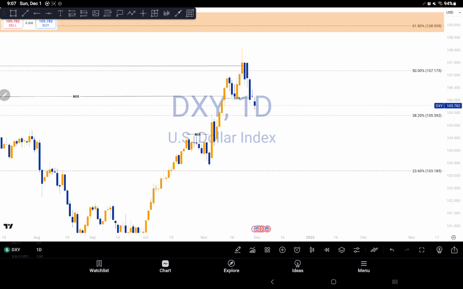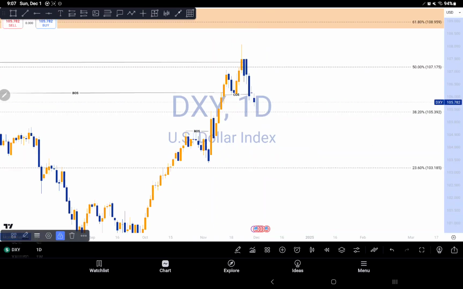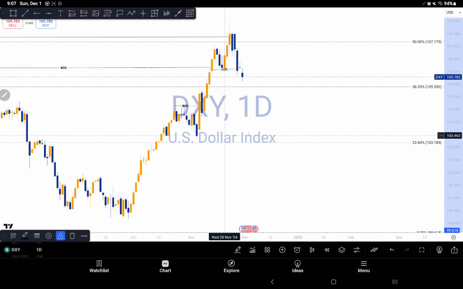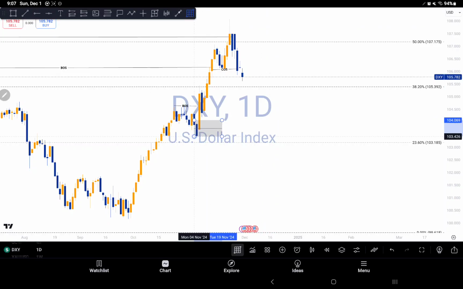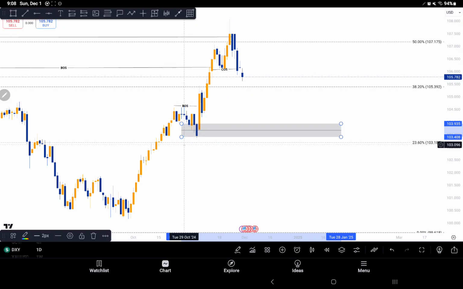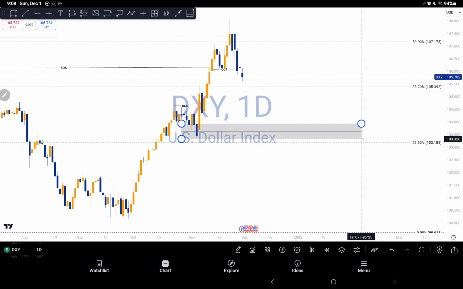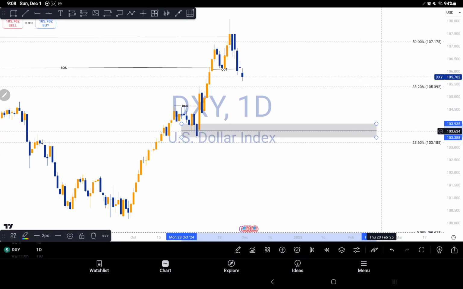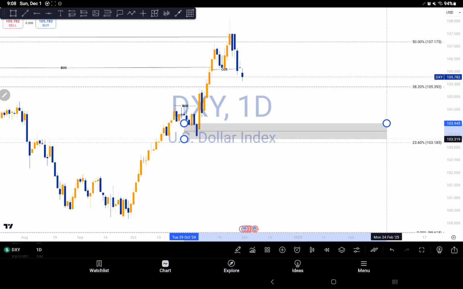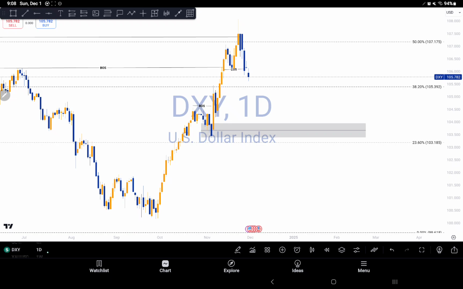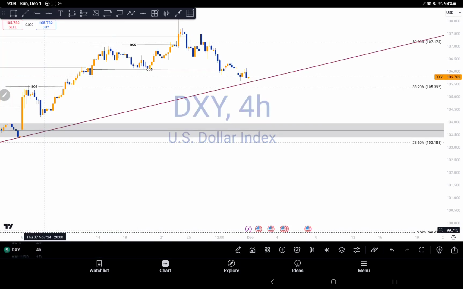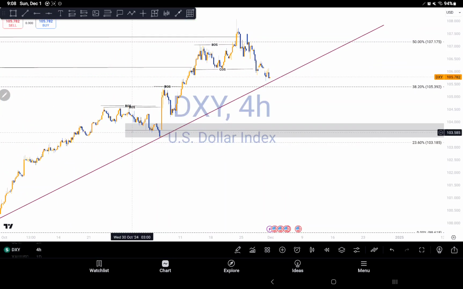We have this other block right here that if we continue to push to the downside, that's a good one. Go to right here. So let's go to the 4 hour time frame. Let's see.